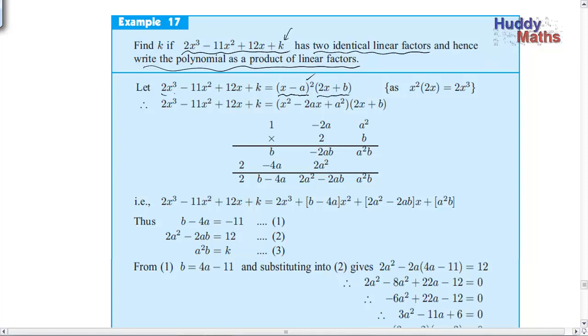So we know it's 2x cubed, so when we square this term, you'll get x squared, so this is 2x, you give 2x cubed, and then we do need the b here. See, what they've got here is you don't need an a in there or another letter in there, because you know that coming out of here will be x squared times 2x will give 2x cubed.